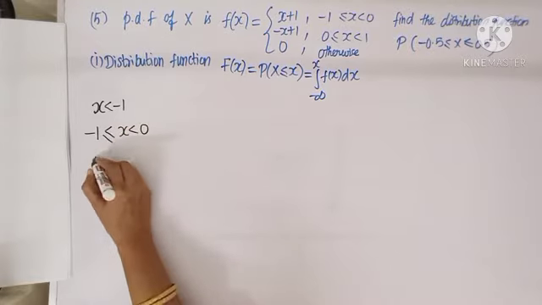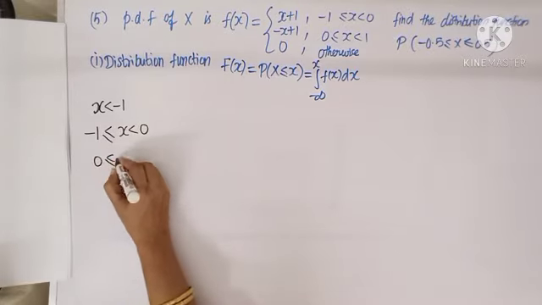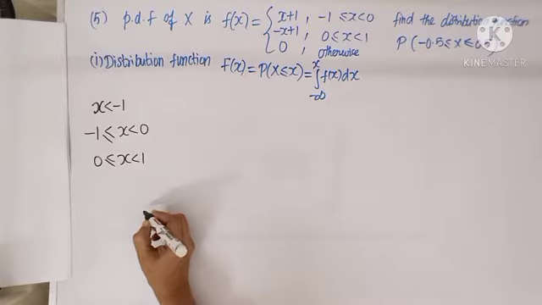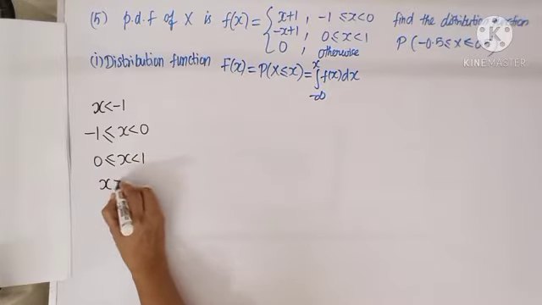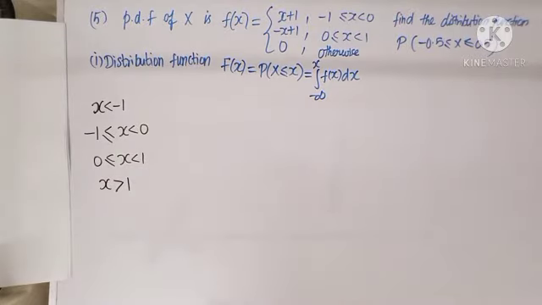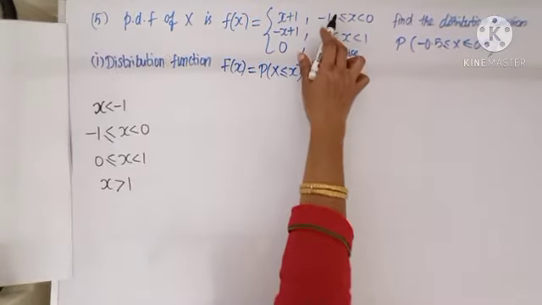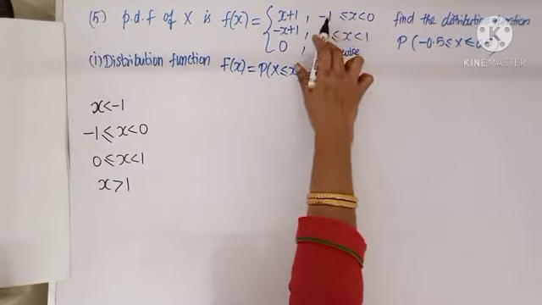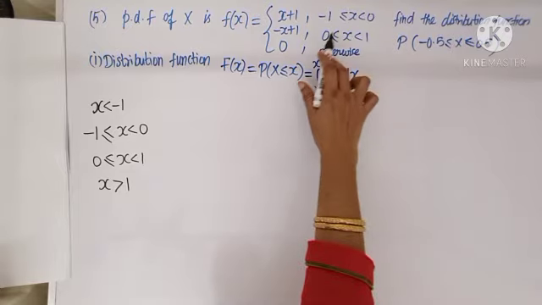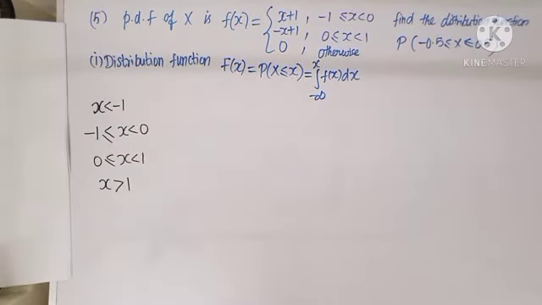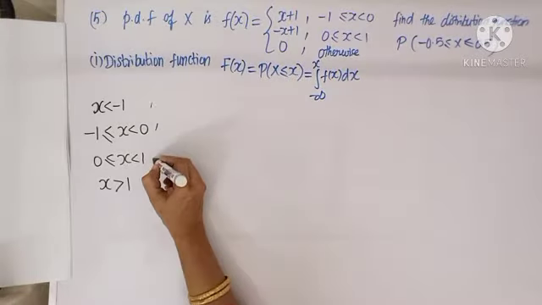What happens if x is between 0 and 1? What happens if x is greater than 1? So the given problem, we split it as below minus 1, between minus 1 and 0, 0 and 1, and above 1. What is F of x in all these cases?